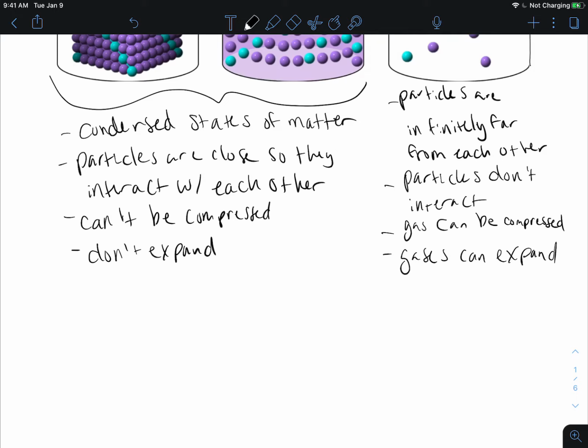Now, when looking at a couple of other things, we can think about kinetic energy. So our solids are going to be the state of matter with the least amount of kinetic energy and the least amount of movement. So solids, very little movement, very little kinetic energy.